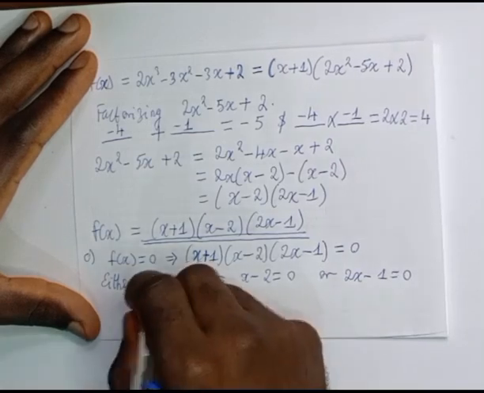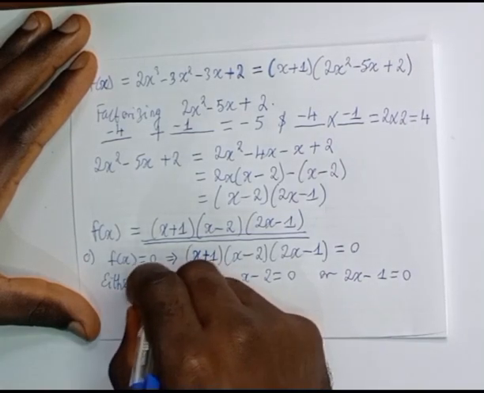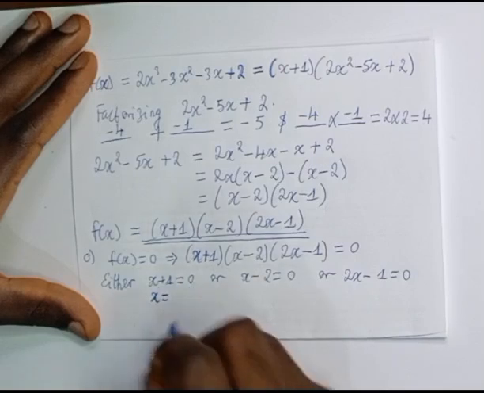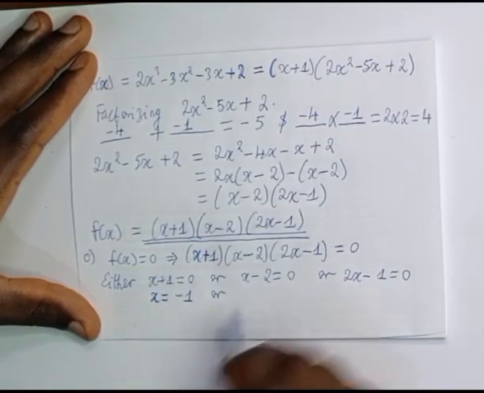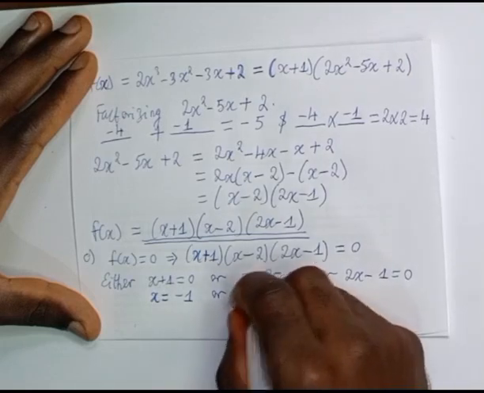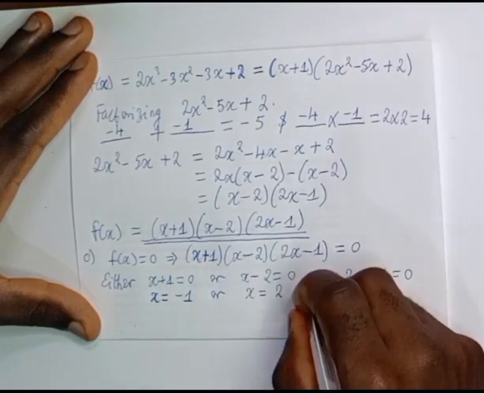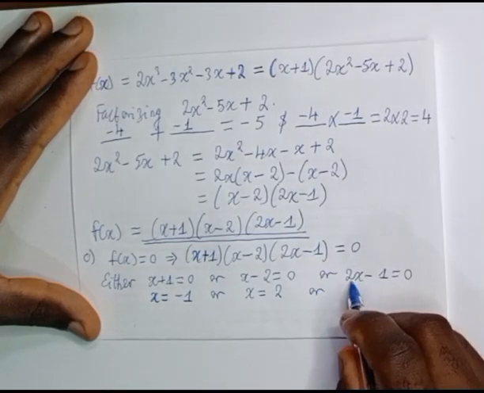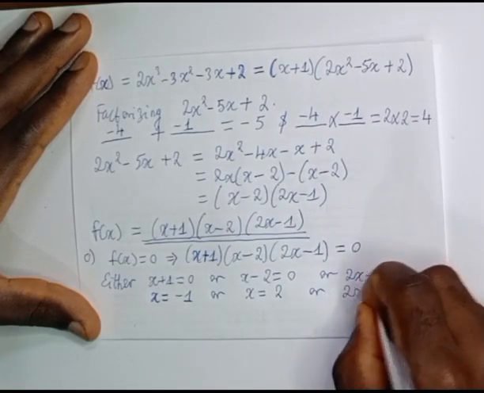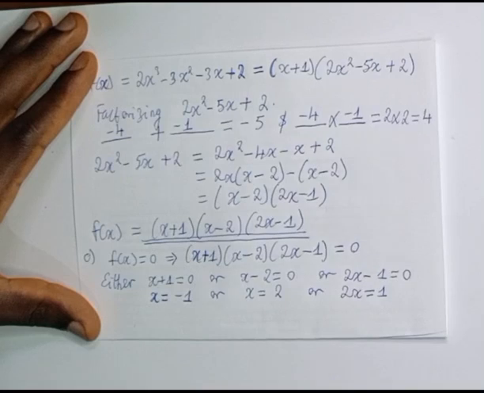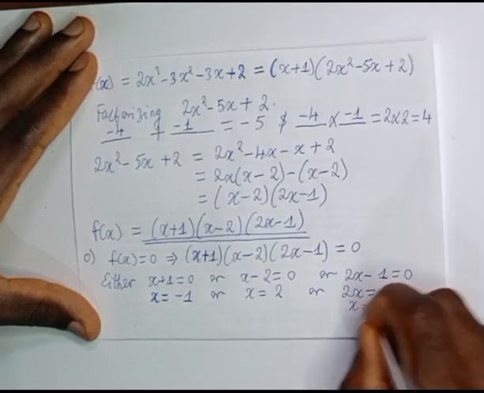For the first one, x will simply be equal to, we are going to transfer 1 to the right hand side, gives us negative 1. Or for the second one, we transfer negative 2 to the right hand side, gives us x equal to 2. Or here we transfer negative 1 to the right, becomes positive, gives us 2x to be equal to 1. If we divide both sides by 2, x will simply be a half.